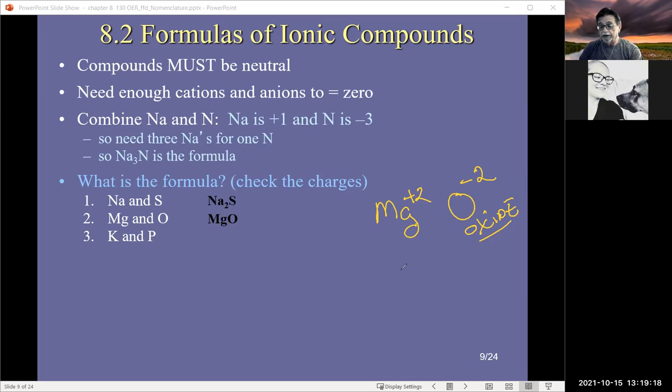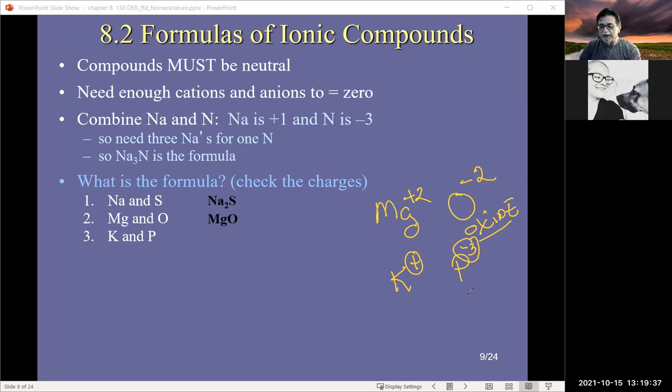We have potassium, which, like sodium, is a group 1 element, so it always has a +1 charge. Phosphorus is a group 5 element, just like nitrogen, and it will be a -3 charge when it becomes ionic because it picked up 3 electrons.